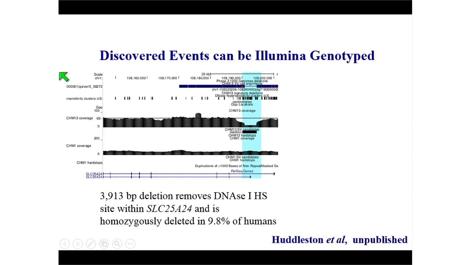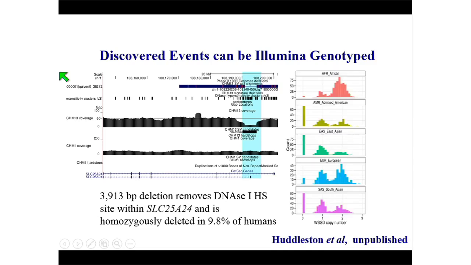The way we can estimate that is by going back to the 1,000 Genomes data and just genotyping based on read depth. So this is no fancy genotyping, it's simply going back and measuring read depth. You can see that relatively large fractions of the human population carry it. But interestingly, Europeans and African Americans are underrepresented for this particular deletion. It seems to be high in individuals of East Asian and South Asian descent.